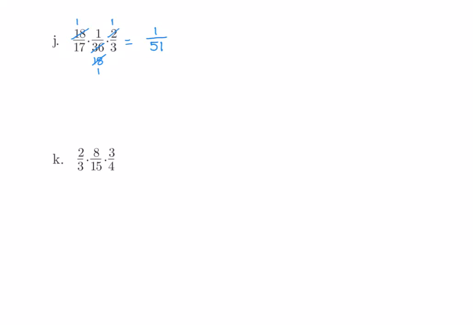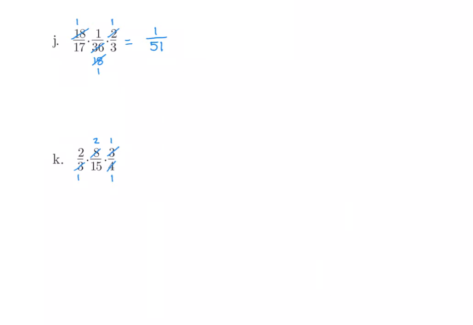So let's come down to example K and see what we can do here. What can we cancel? The first thing I see is my 3's. Both of them are divisible by 3, and if we divide 3 by 3, we get 1. I can also cancel 8 and 4. Both of these numbers are divisible by 4. We get 2 and 1.